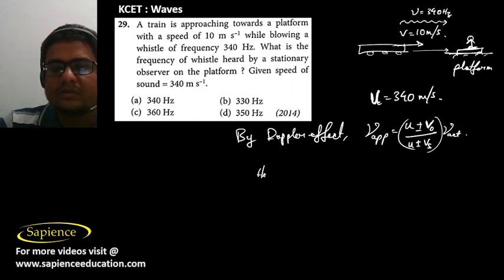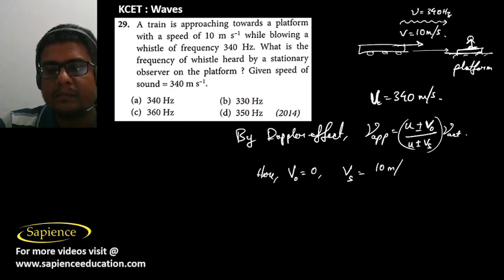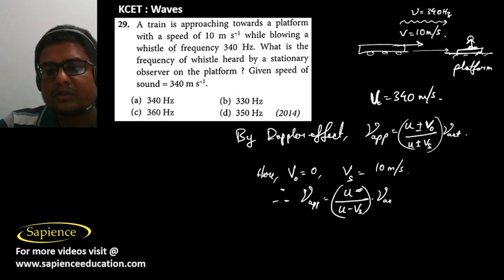So here the observer is at rest, so v naught is 0, and vs, the speed of the source, is 10 meter per second. Now since the source is moving towards the observer, the frequency should increase. So therefore the apparent frequency will be equal to u by (u minus vs) into the actual frequency.